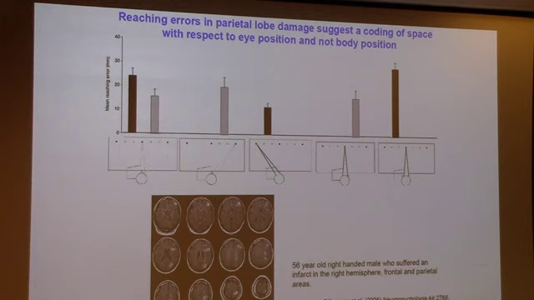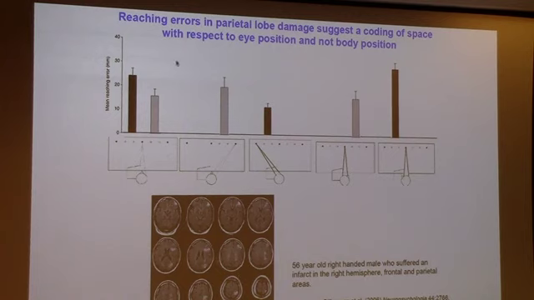For this subject, we have a lesion in his right hemisphere, as you can see in the MRI image here. When I see this damage, I will know that he will have more reaching errors to the target that was in his left visual field, because the left visual field sends the information to your right hemisphere.